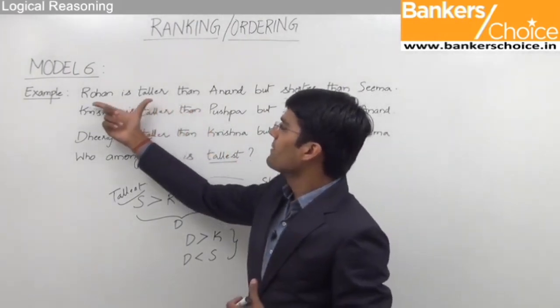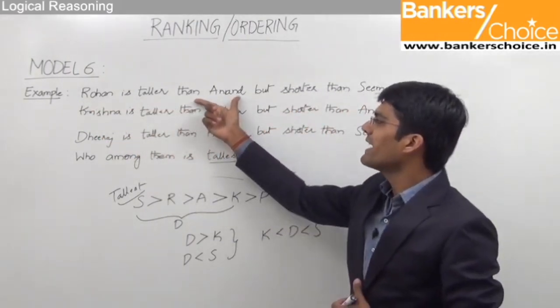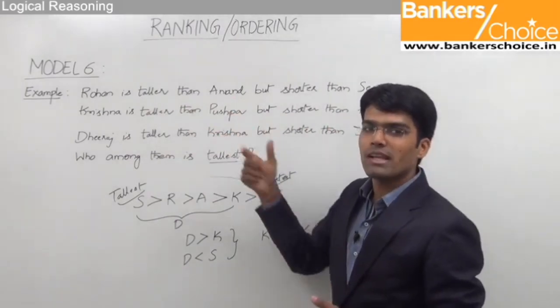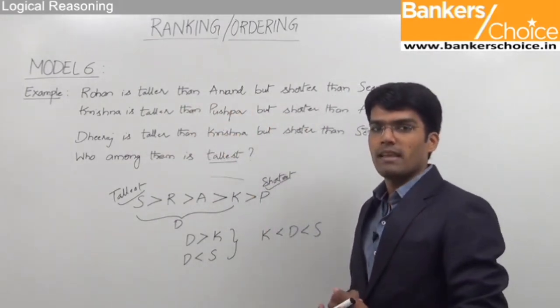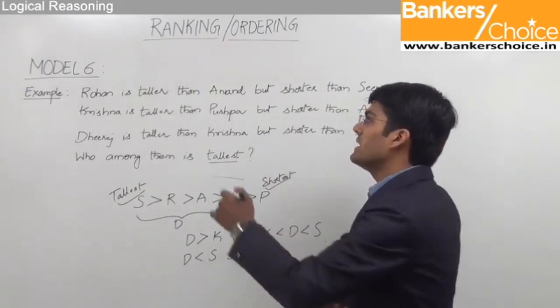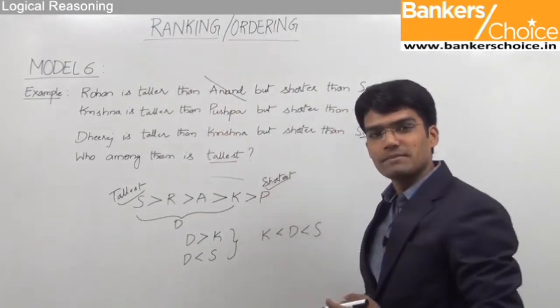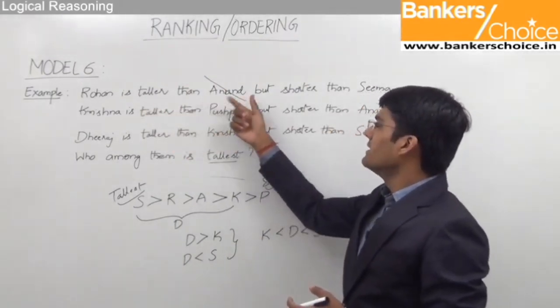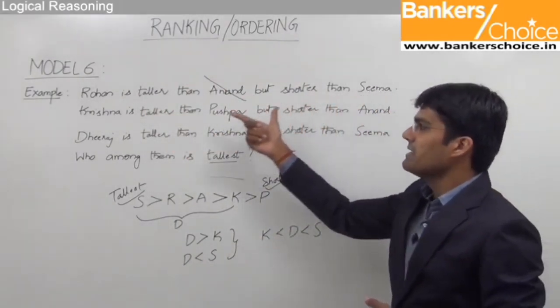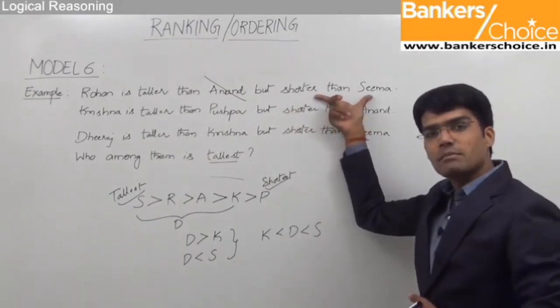If you look at the first statement, it says Rohan is taller than Anand. When Rohan is taller than Anand, it is obvious that Anand is shorter than Rohan. And when Anand is shorter than Rohan, he cannot be the tallest person. Moving on to the next part, it says Rohan is taller than Anand but shorter than Seema. That means Rohan is shorter than Seema.